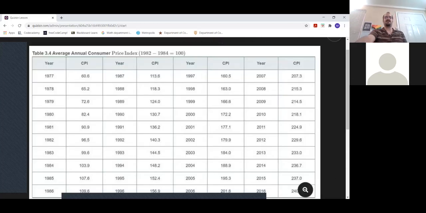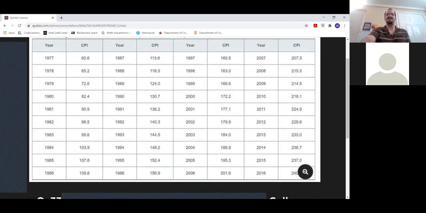So we're looking at 1990, which looks like 130.7, and 2016, this is 240 even, I believe. And just do it to the nearest percent.